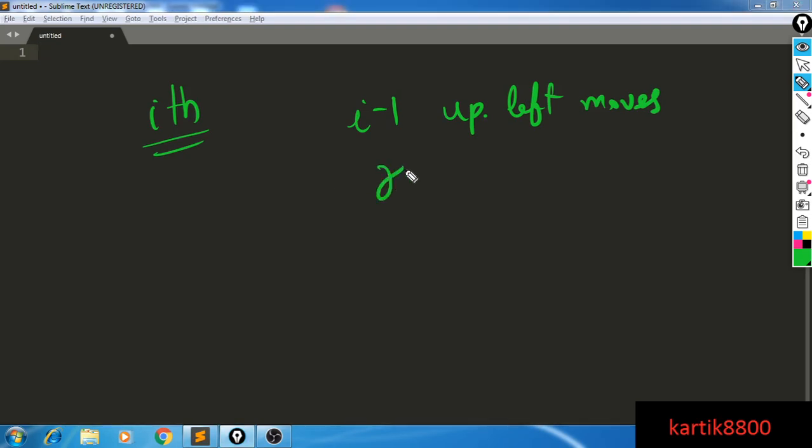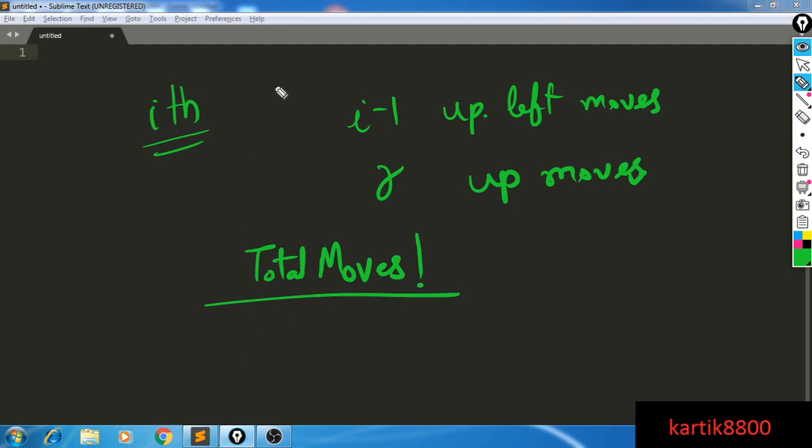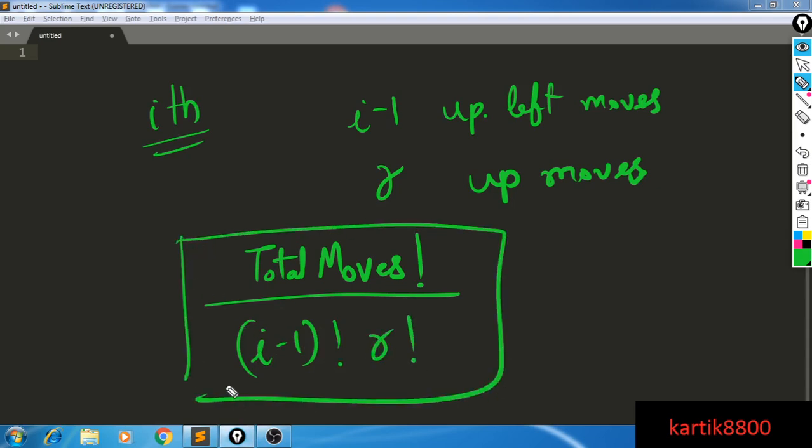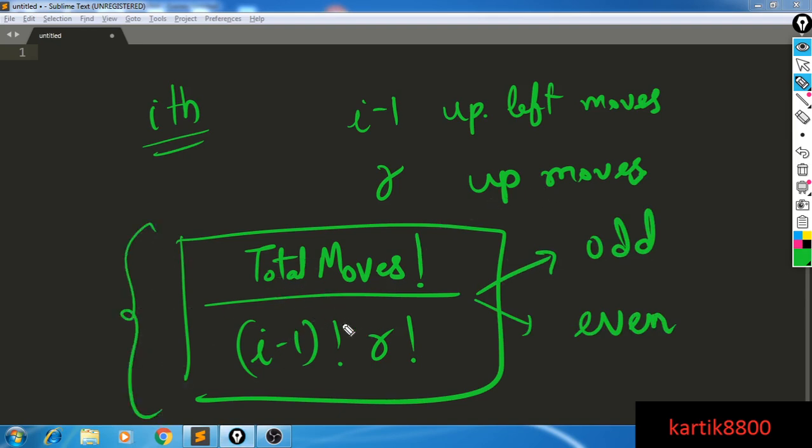Let me say that the remaining moves are R. Whether the ith element will contribute to the top depends only upon the total moves factorial, the total moves that you need to make to reach the top of the triangle, divided by i minus 1 factorial into R factorial. If this turns out to be odd, then your ith element does contribute to the top of the triangle. If this turns out to be even, then the ith element does not contribute. Now the last question is, how do we actually calculate this?